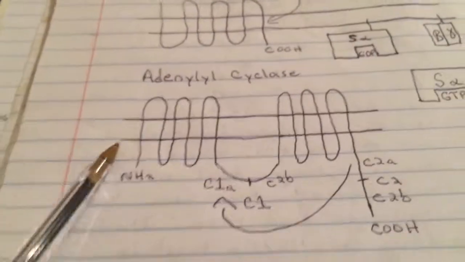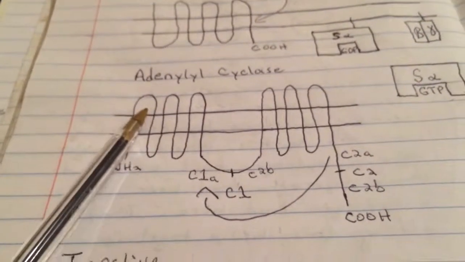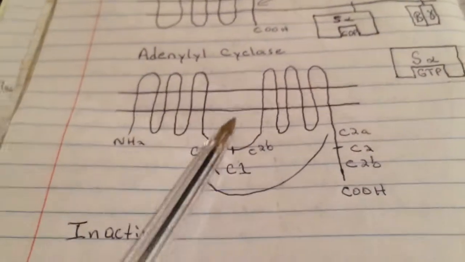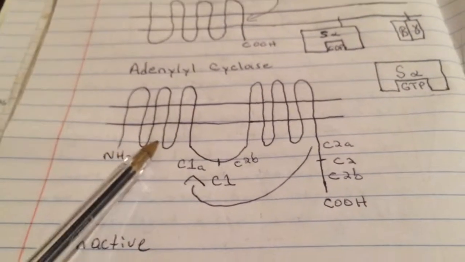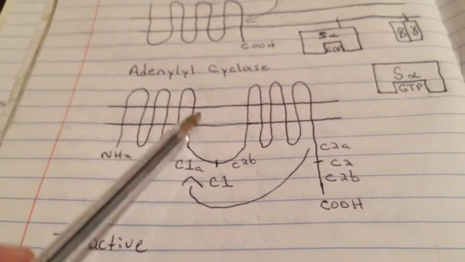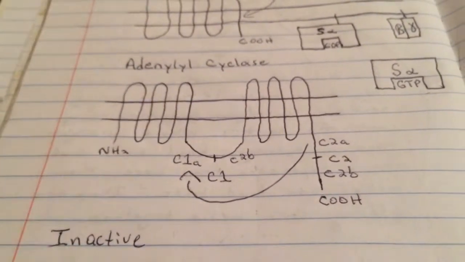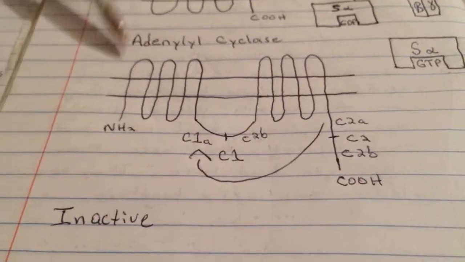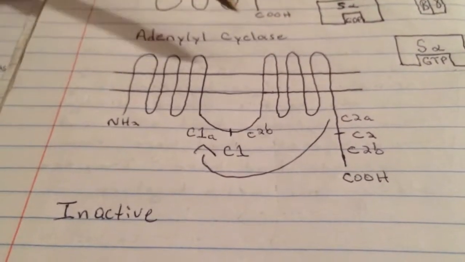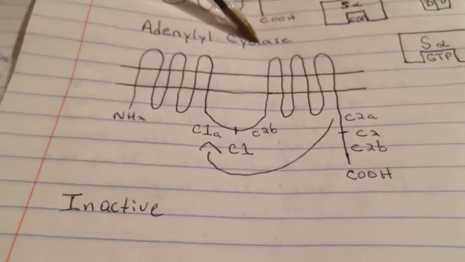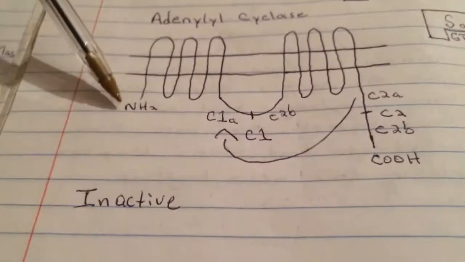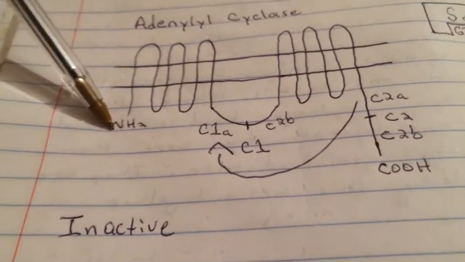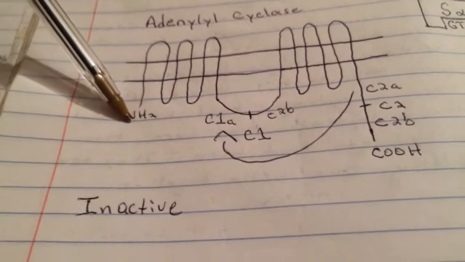Adenylyl cyclase looks a lot like the G protein coupled receptors, but it's different. Obviously it has this little loop here and all that kind of stuff. Now this is a six membrane spanning alpha helix, and that's one domain of adenylyl cyclase. Transmembrane domain 1 is this, and you'll notice the amino terminus starts intracellularly.